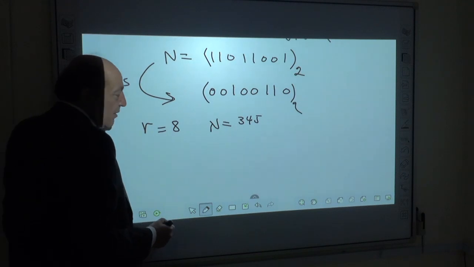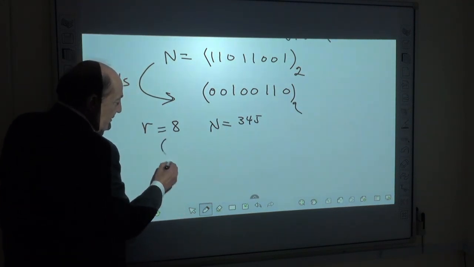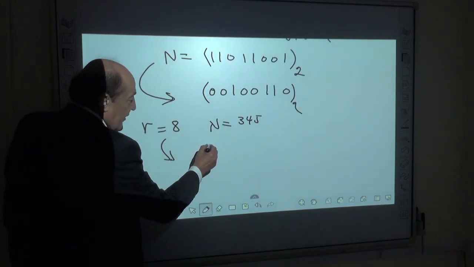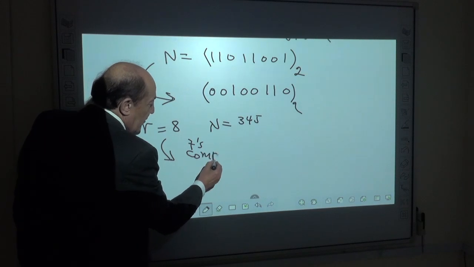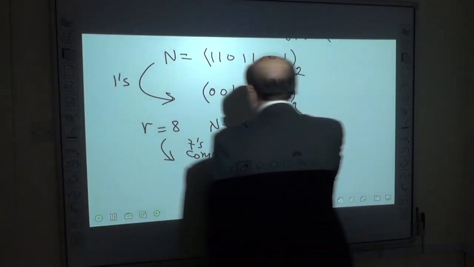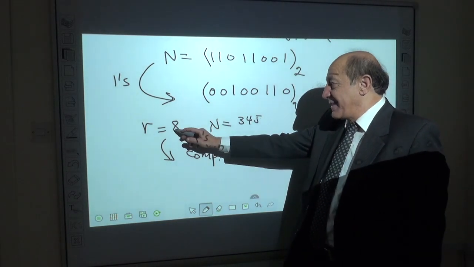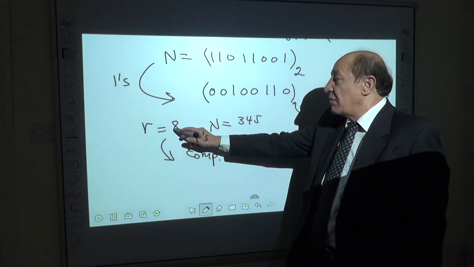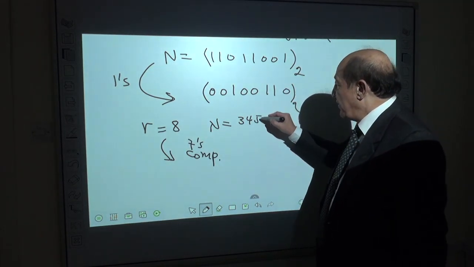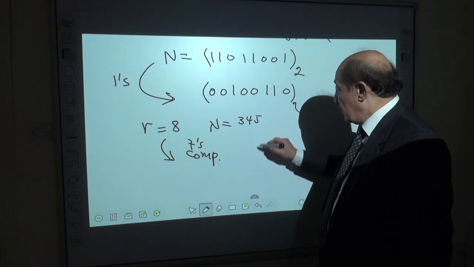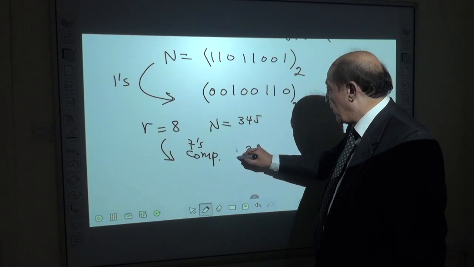I'll leave it as an exercise for you, but we can directly write here the 7's complement of this number, by subtracting all the digits from the highest digit in the octal numbering system, which is 7. 7 minus 5, 2, 3, 4.